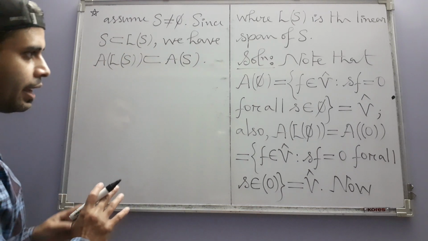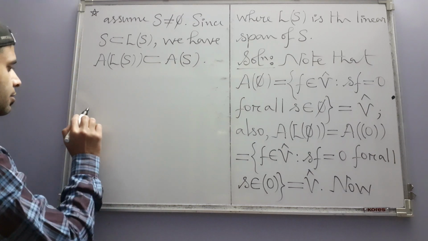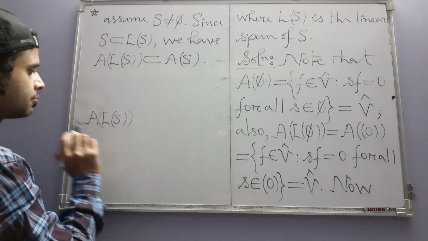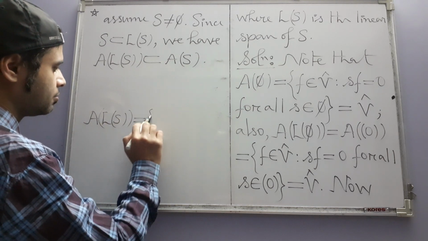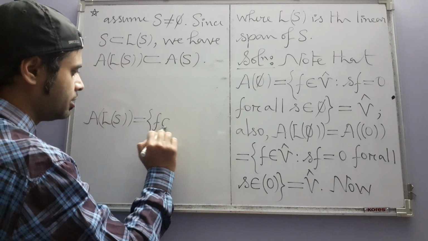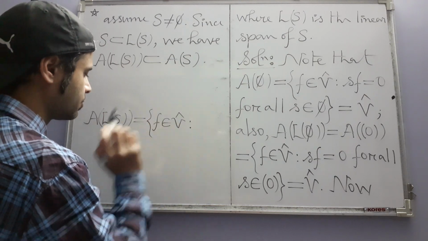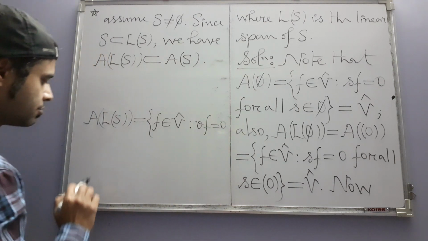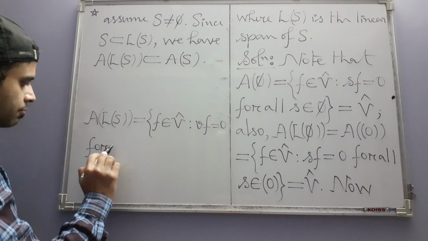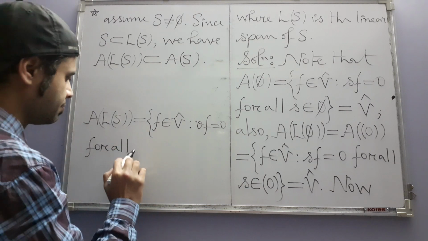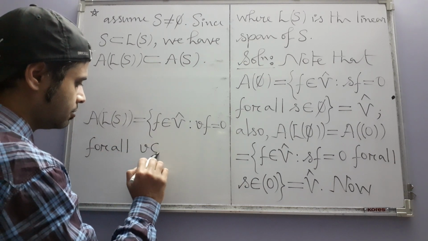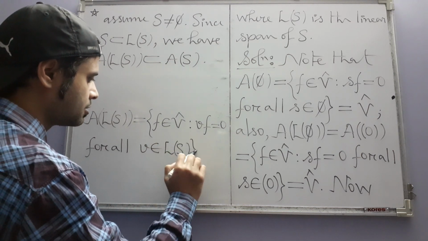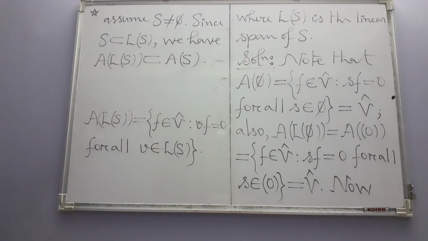You see, the annihilator of L of S is what? It is the set of all linear functionals f such that f(v) is equal to 0 for all v belonging to L of S. By definition, this is what the annihilator of L of S is.